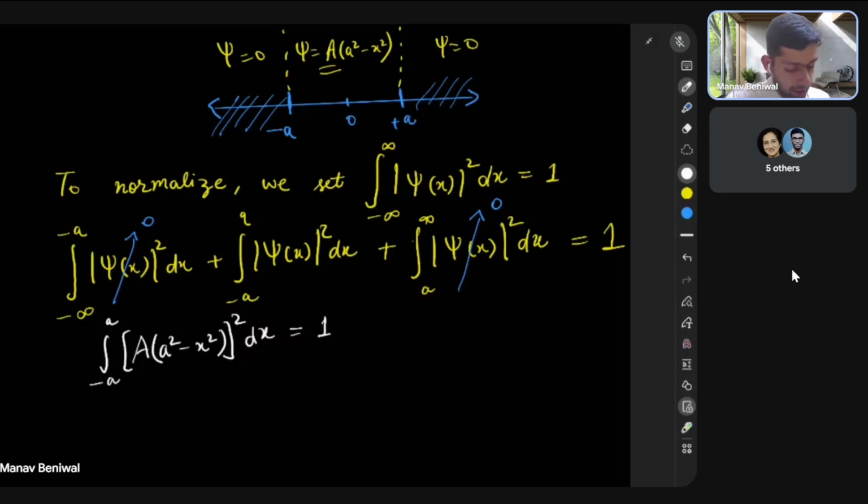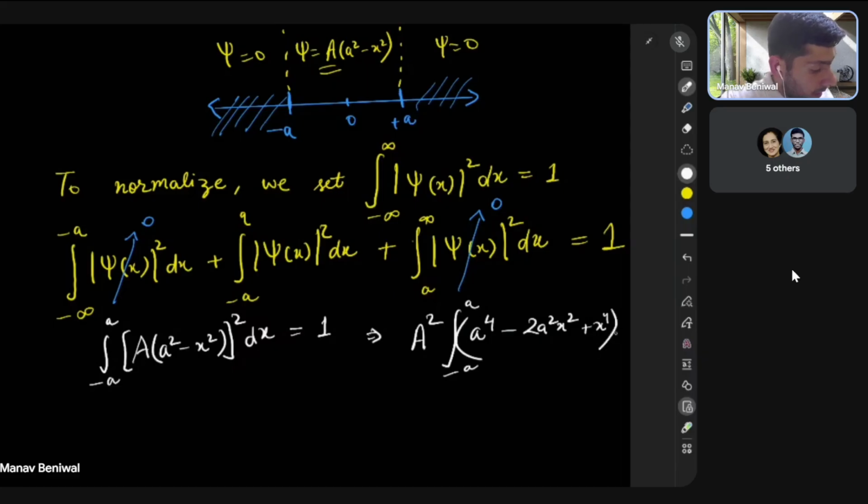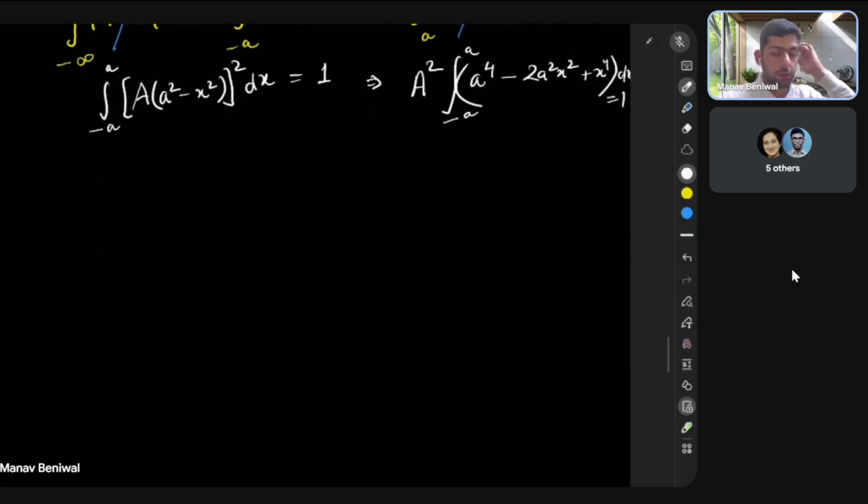Good. So let's take out this A. We will have A squared outside, integral from minus a to a of (a to the 4th minus 2a squared x squared plus x to the 4) dx equals 1. Now we just have to solve this integral.